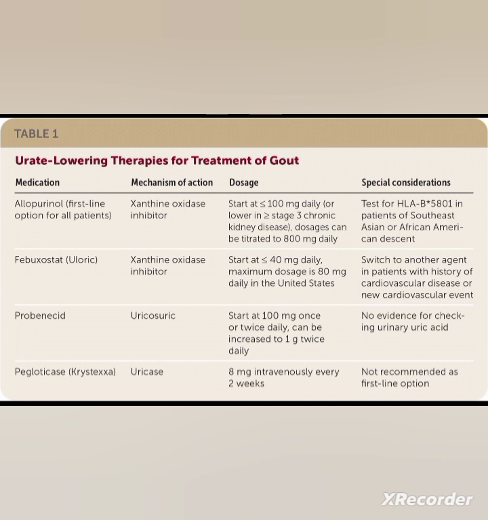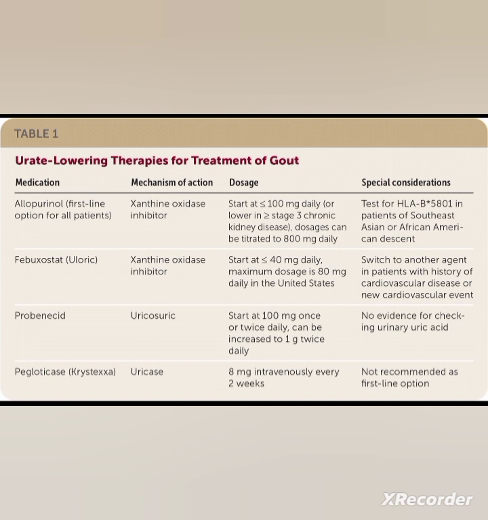Then the next drug is pegloticase, that is a uricase drug, 8 mg intravenously every 2 weeks. Then another drug is colchicine. Then another drug we use is adrenocorticotropic hormone or ACTH. So ACTH will be helpful for treating gout.